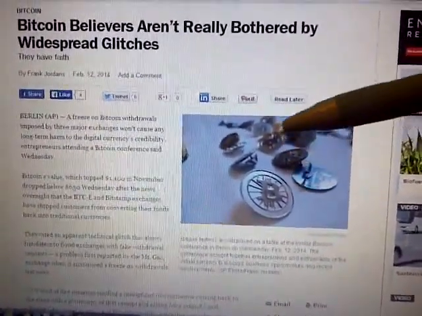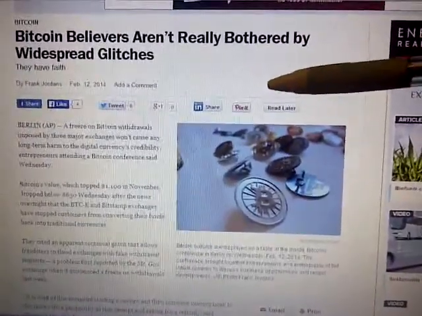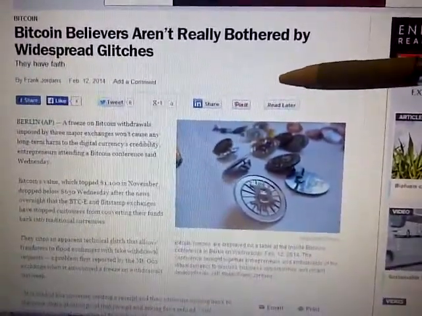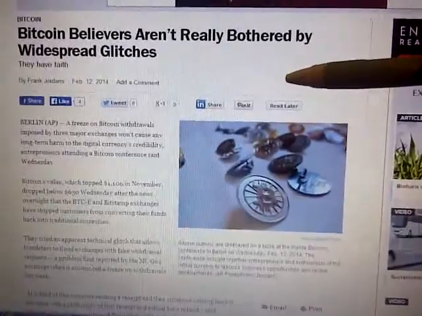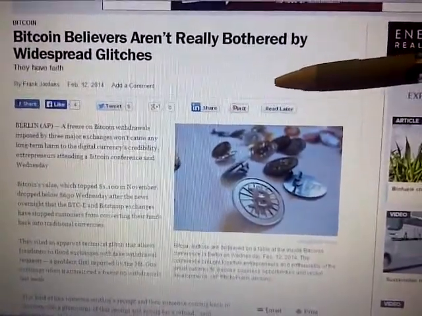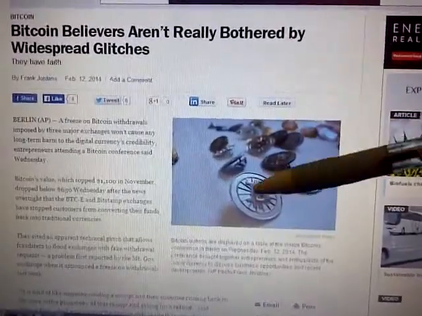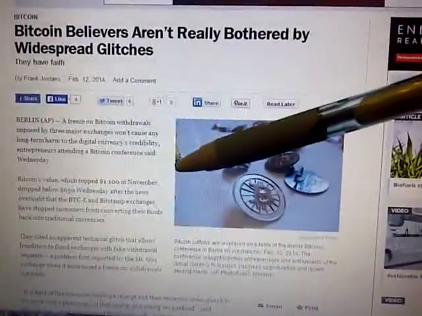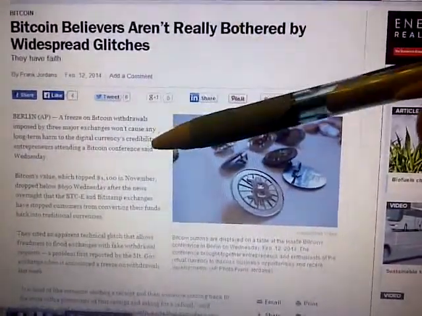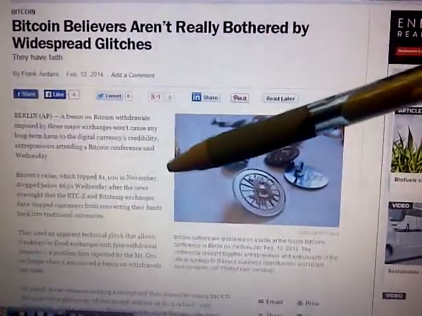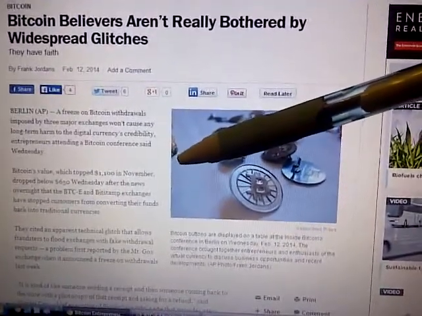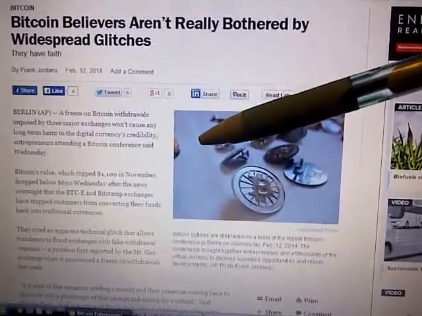I don't know who was doing the attacks and who's behind all this, but what's happened is that they're forcing Bitcoin to come out into the real world, doing real trades with real people with real money. Cold hard cash.